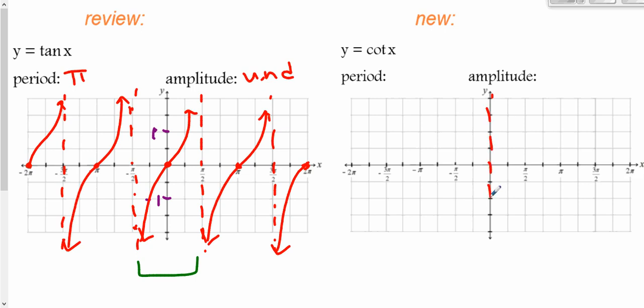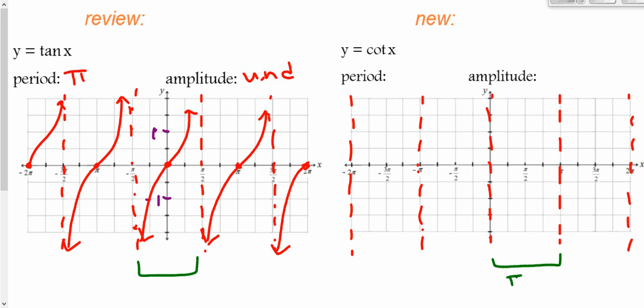So vertical asymptote at x equals 0, vertical asymptote at x equals pi, vertical asymptote at x equals 2 pi, at negative pi, at negative 2 pi. So you have the same amount of vertical asymptotes and the same spacing between them, pi units apart, but they're not in the same place as they are for tangent.